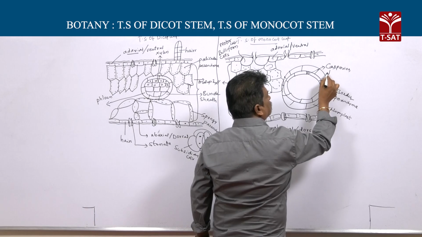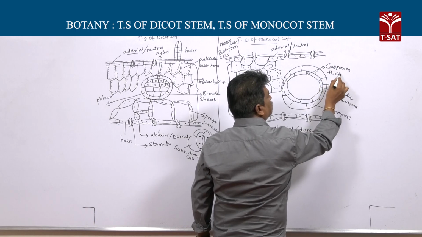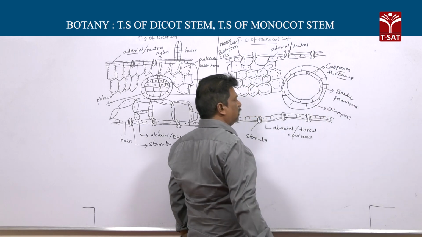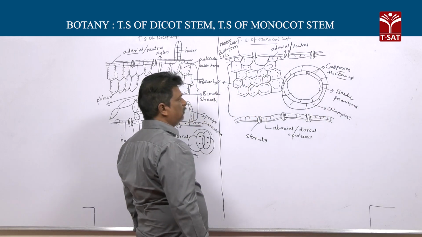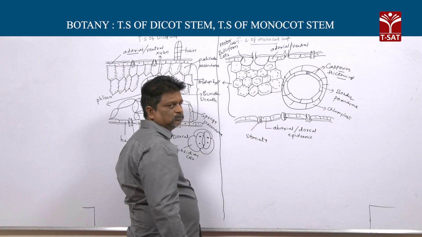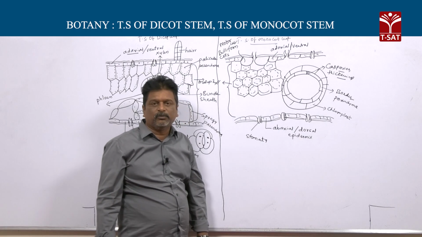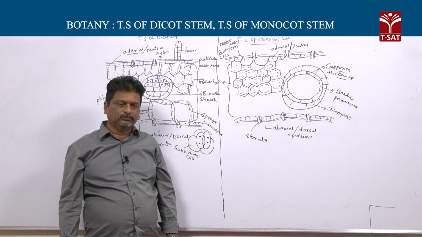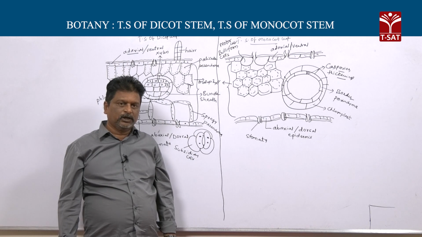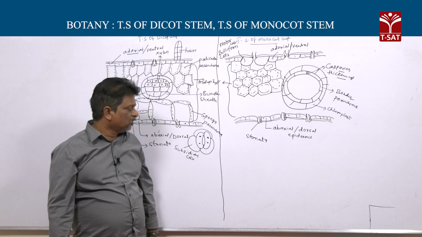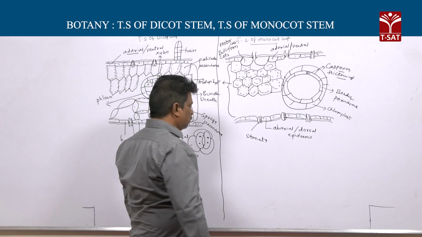So this inner layer is analogous to endodermis. But in maize, the bundle sheath has one layer and it contains chloroplast.